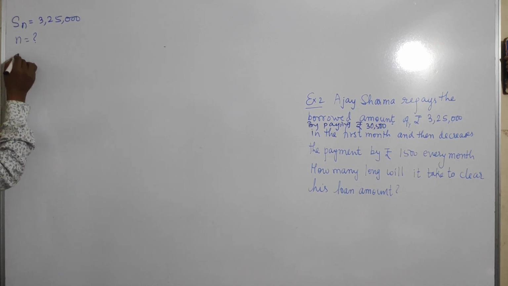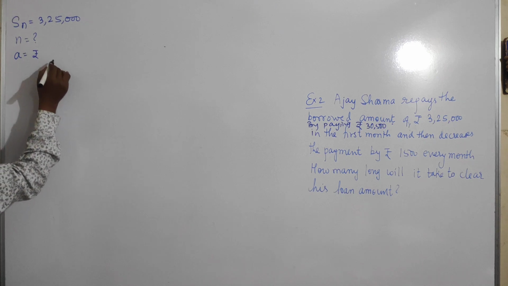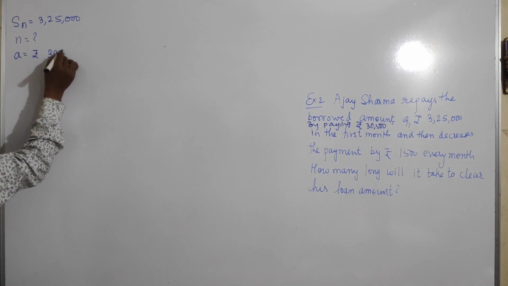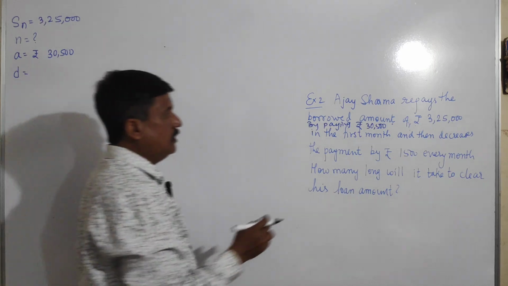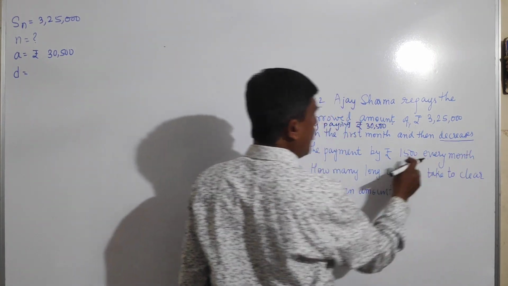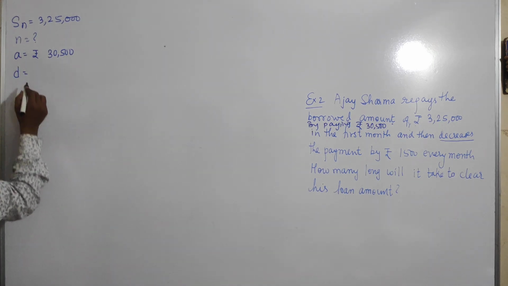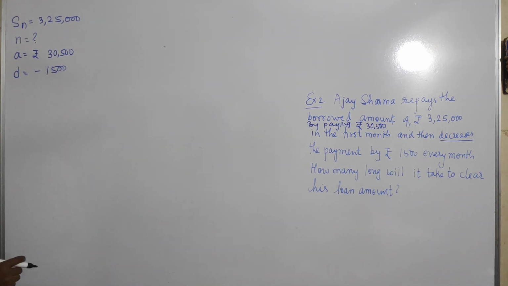A, what is the value of A? Rupees 30,500. What is the value of D? It is decreasing by rupees, decreasing means D is minus 1,500. Minus 1,500.